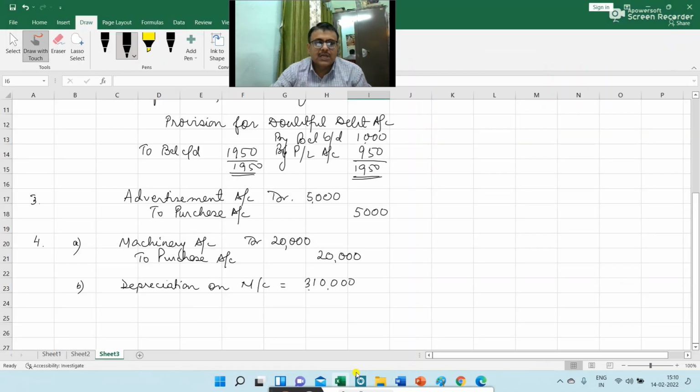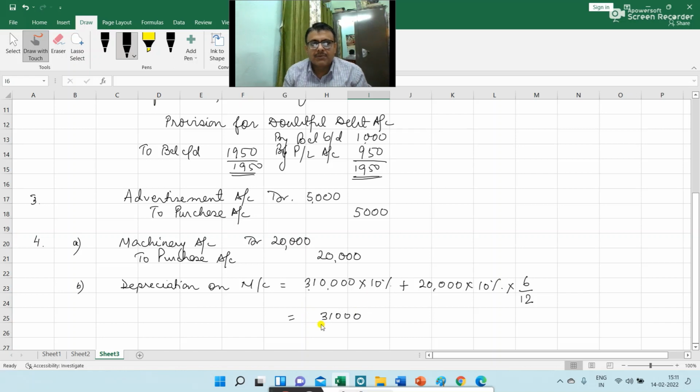So you need to charge depreciation of 10% on this 3,10,000, and you have made an addition of 20,000 on 1st October. So on this 20,000 you need to charge 10% depreciation, but for only 6 months. From October to March 2019 you have a period of 6 months. So 6 month depreciation will be charged on the addition of machinery.